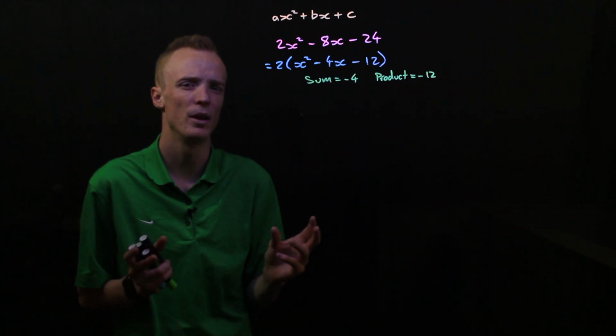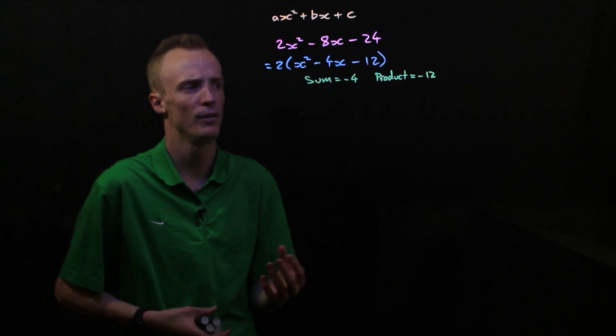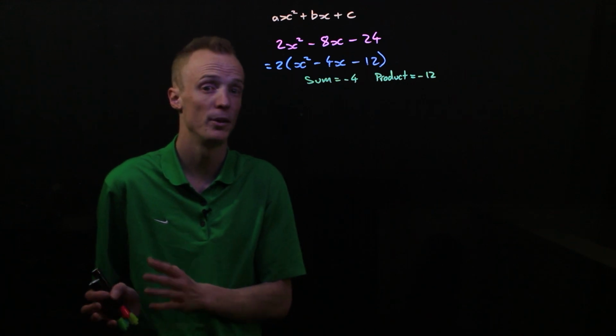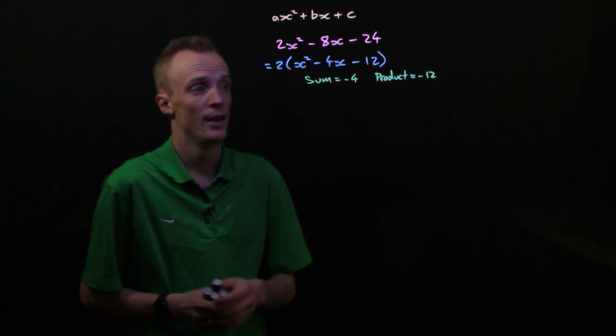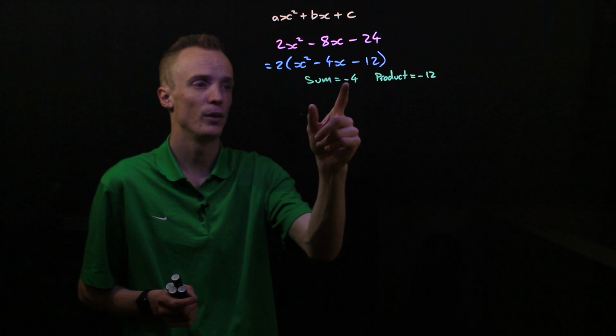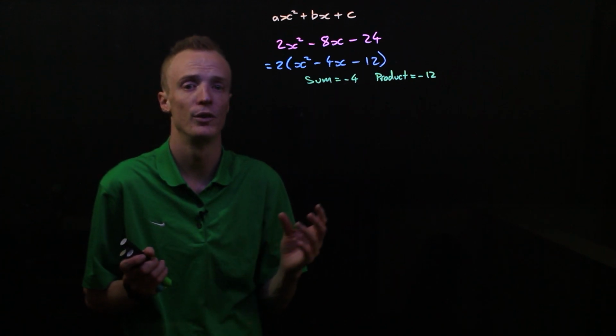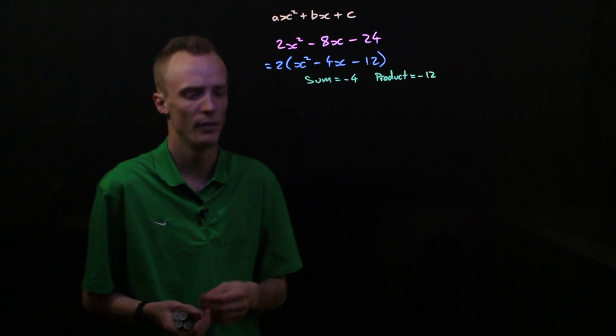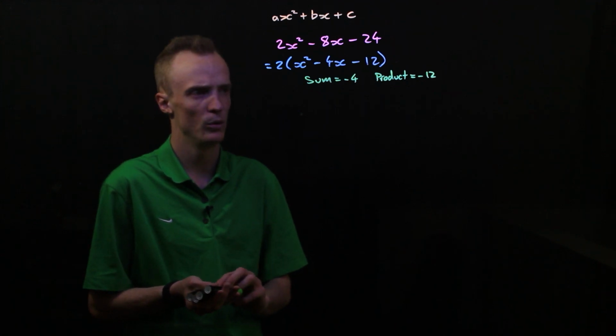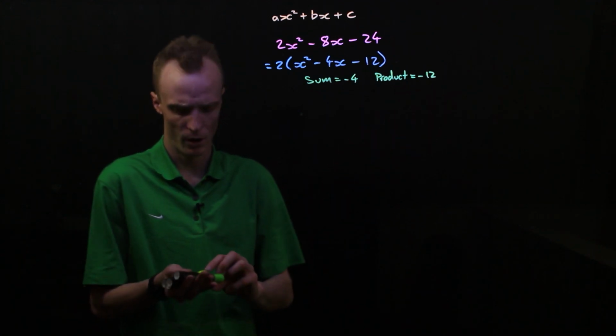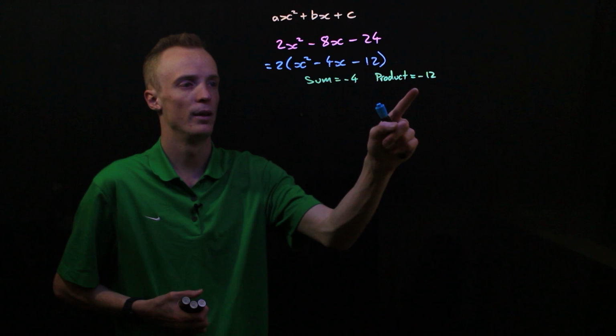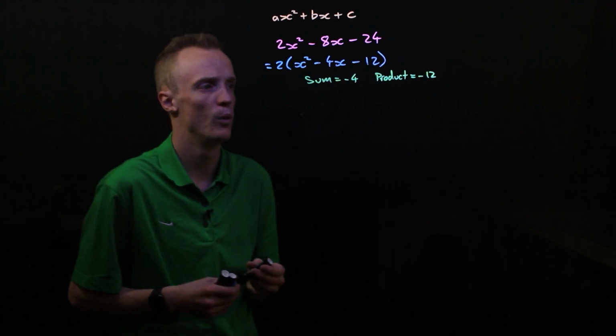Now, to multiply two numbers together and for it to be negative, that means one of them will have to be positive, one of them will have to be negative. And I notice that my sum is also negative, so the larger of those two numbers will have to be negative. And that'll help me as I explore what factors of negative 12 will add together to be negative 4.